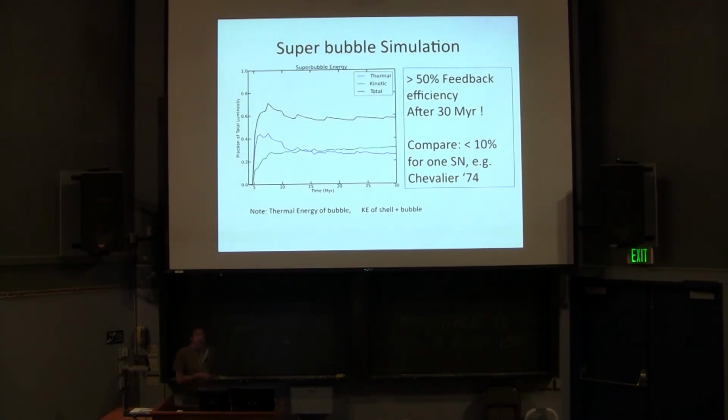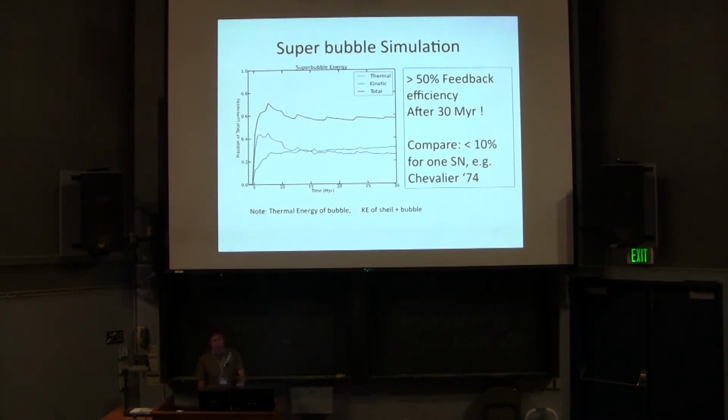Essentially, we just had 10 gas particles mimicking a superbubble initially, but then the thermal conduction evaporates material and it joins the superbubble, and we end up with additional mass. But we were able to get essentially 50% of our supernova energy to hang around for the full 30 mega years and drive turbulence and outflows, etc.